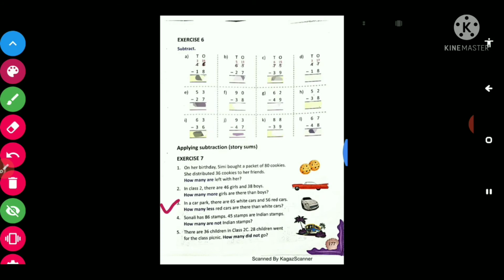So the number of white cars is greater than the red cars, right? Now it asks how many fewer red cars are there. Whenever the question asks how many more, how many less, we do subtraction, right? So after subtraction we'll know how many fewer cars there are than white cars.